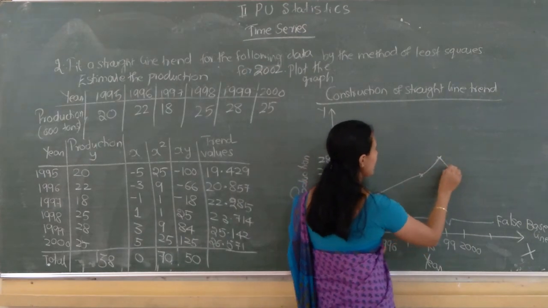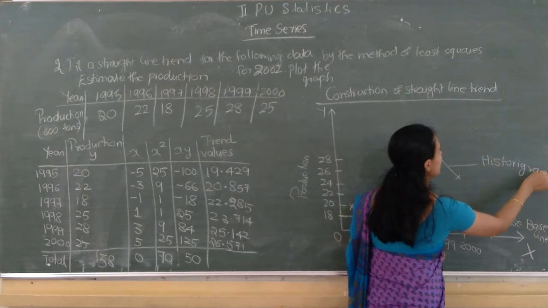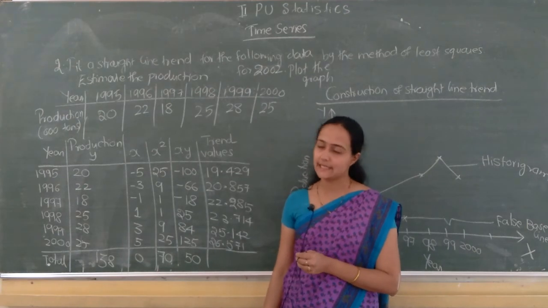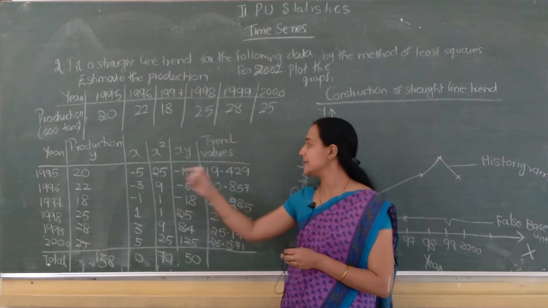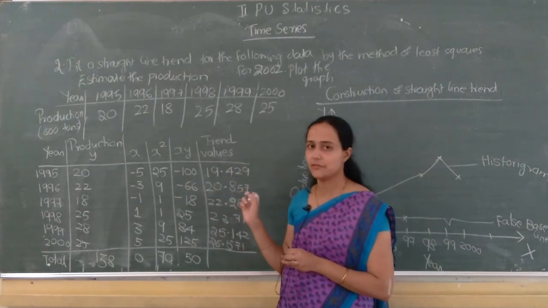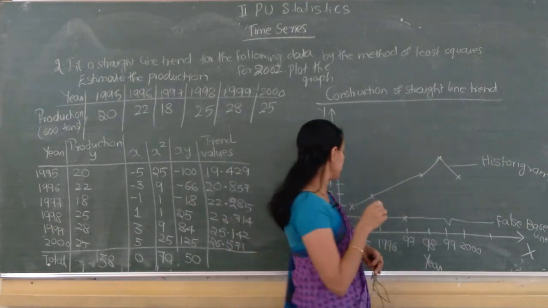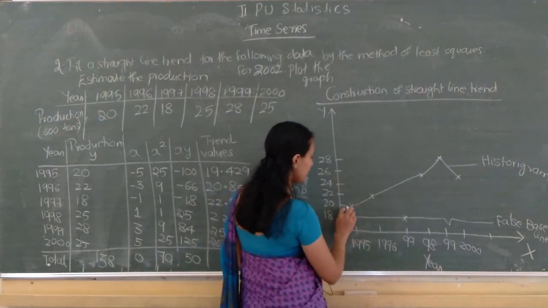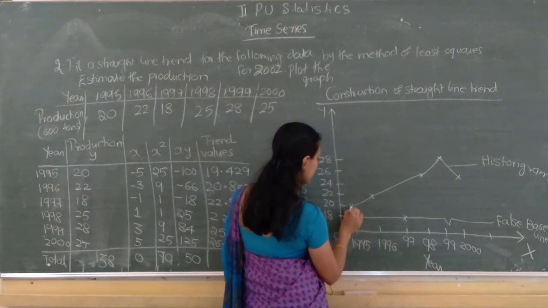This is our histogram. Now write histogram here. Correct? Next, the trend line. For drawing the trend line we use year and trend values. For 1995 the trend value is 19.4, which comes just above 19, near the 6th line here.